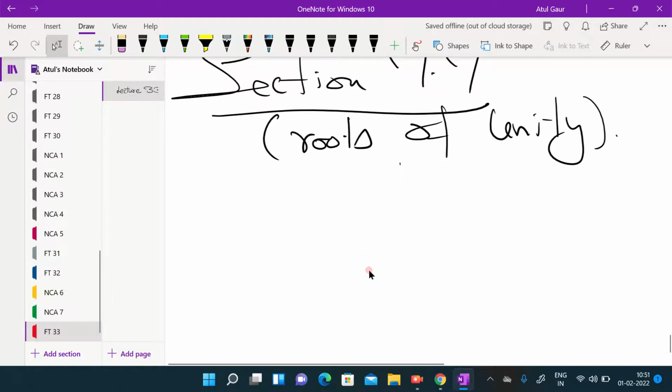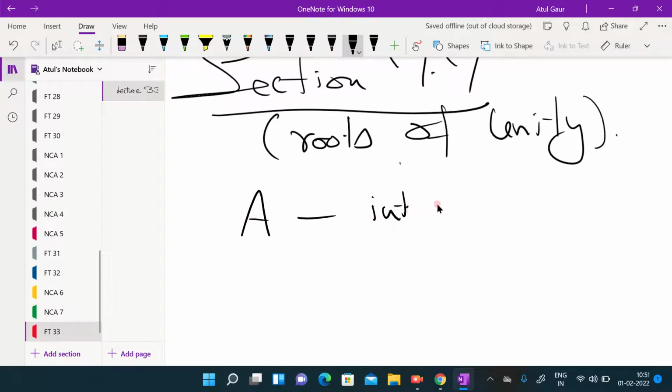so fine. So let's say you have any integral domain, and though I'm sure you must be aware, but just for more clarity, I am giving you the definition of prime element in an integral domain. So what do you mean by prime element in an integral domain?